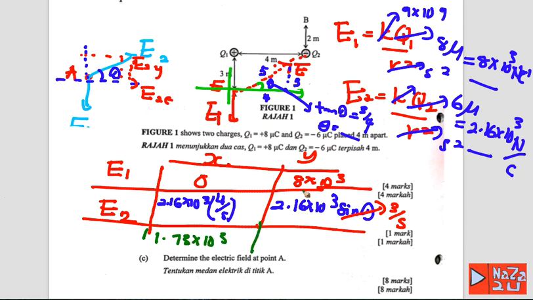For the y, plus 8 times 10 to the power of 3 plus 2.16 times 10 to the power of 3 times 3 over 5, so this is equal to 6.7 times 10 to the power of 3. This is the value of EY, and this is EX.